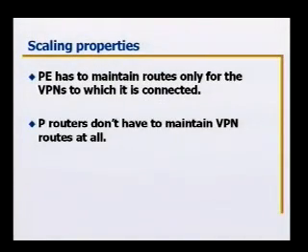And PE routers have to maintain routes only for the VPNs to which they are connected, and P routers don't have to maintain VPN routes at all. The important thing to remember from this is that there is no single component in the provider's network that has to maintain all the VPN routes. So theoretically, there is no limit to the scalability of this solution.